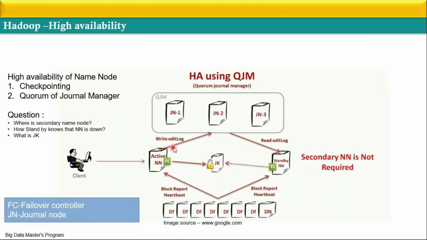What is done by the name node is recorded inside the edit log, and the secondary name node has access to those edit log files. Once the active name node is down, zookeeper informs the standby name node, it takes the responsibility, and the cluster keeps on running. There will not be any impact of name node failure. That is the quorum of journal manager.